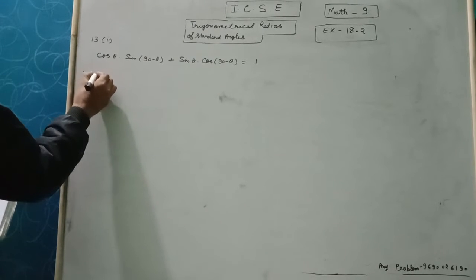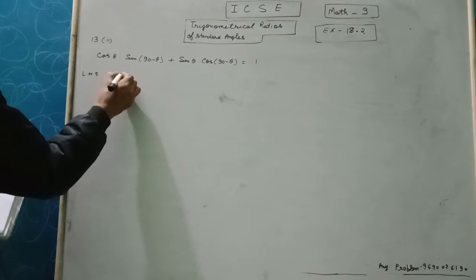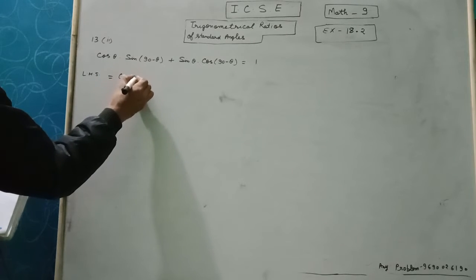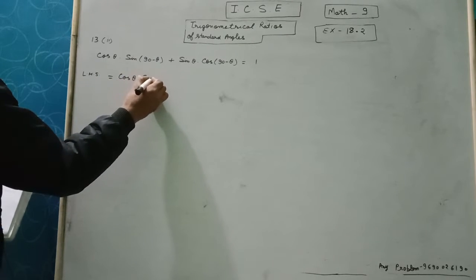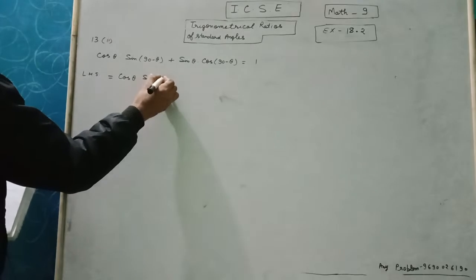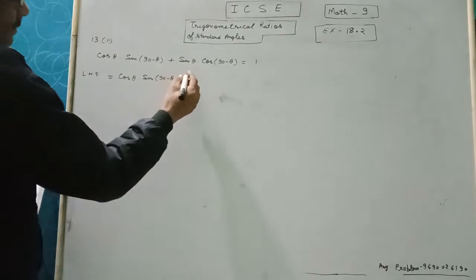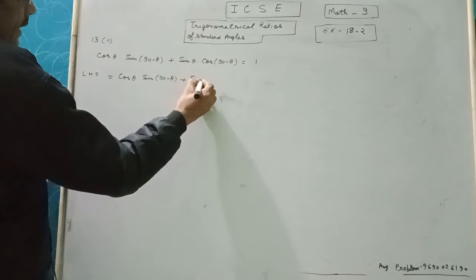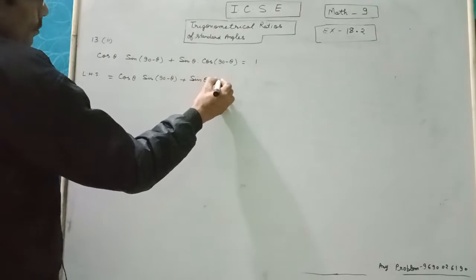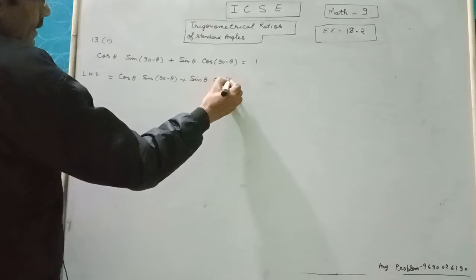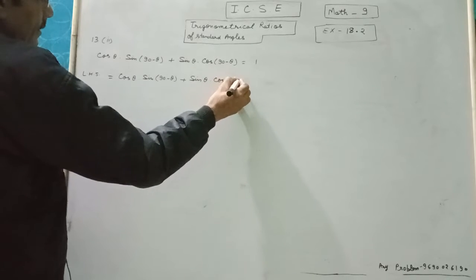LHS is equal to cos theta into sin(90 minus theta) plus sin theta into cos(90 minus theta).